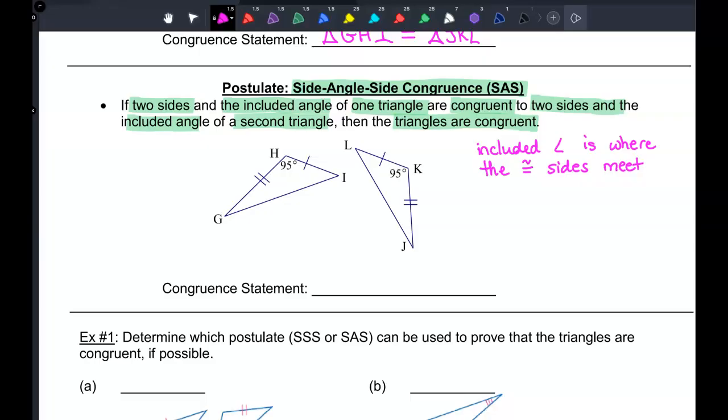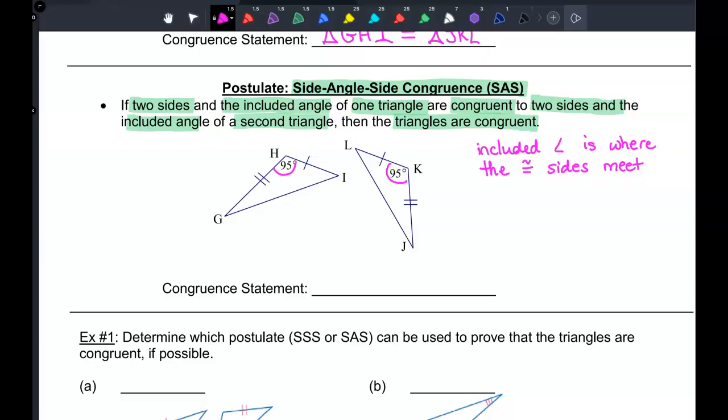It's where the 2 congruent markings meet. And over here, the 2 congruent sides meet at the letter K. And we can see they're both labeled 95. So we have side, angle, side. The angle has to be here. It can't be at one of the others. That would not ensure congruent triangles.